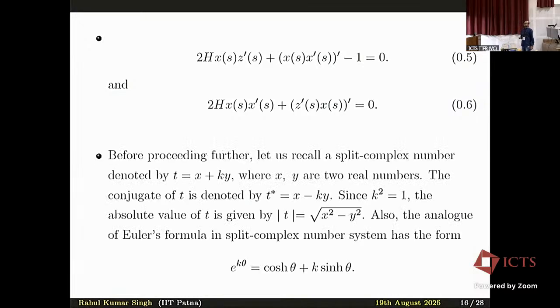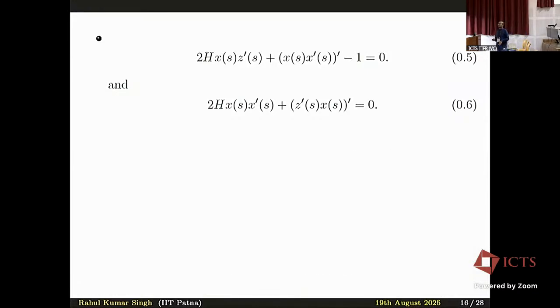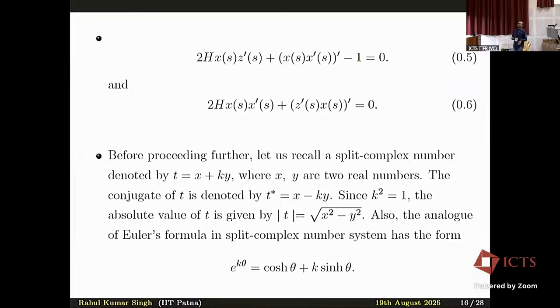Now what we want to do is solve for x(s) and z(s). We had this second order ODE, and we would like to see if we can combine these two equations into a single ODE. For that, as it turns out, if you introduce this T, a split complex number, what is a split complex number?